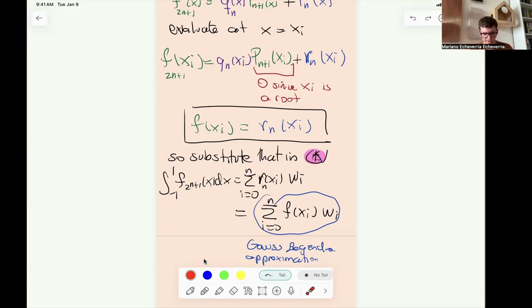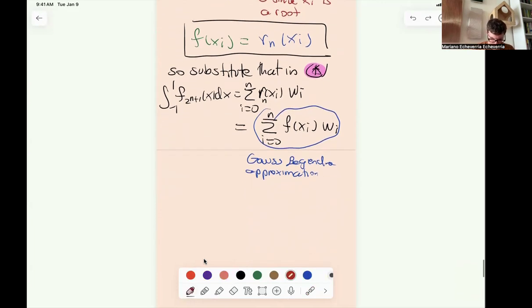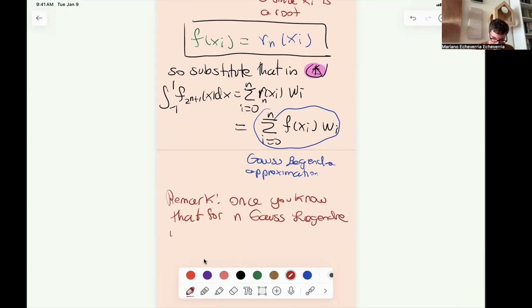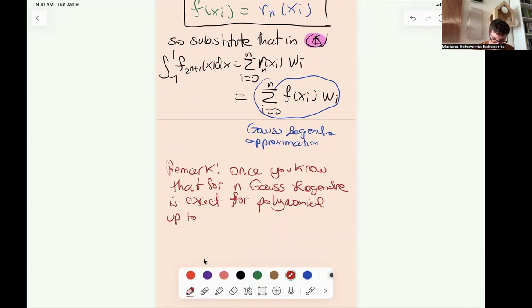Just as a remark, because again, we are not going to use this: once you know that for n, Gauss Legendre is exact for polynomials up to degree 2n plus 1, you can find an improved error formula.